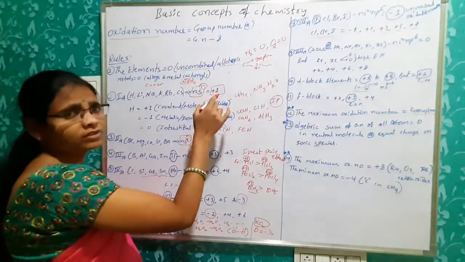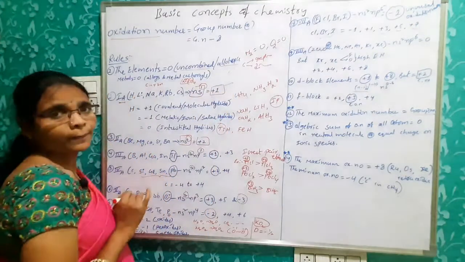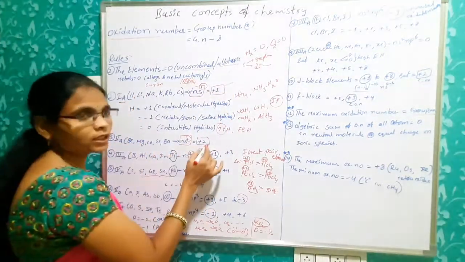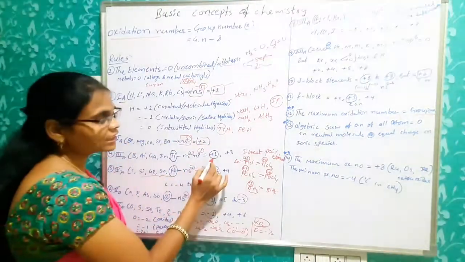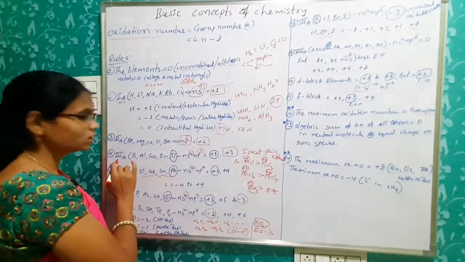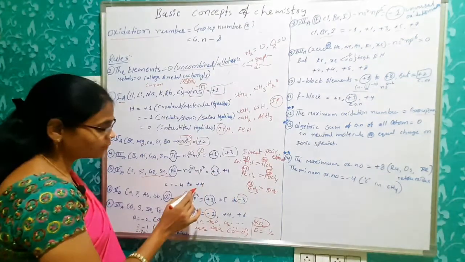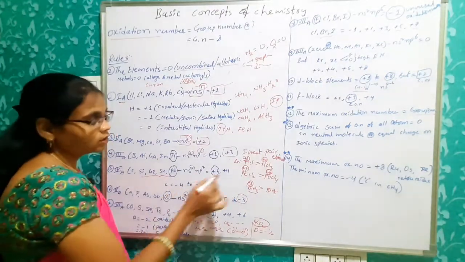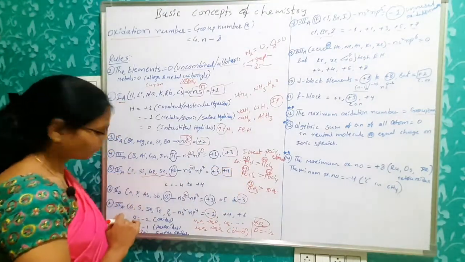The highest oxidation state 1 is equal to the group number. 2A group elements show plus 2, equal to the group number. 3A group elements show plus 1 and plus 3, highest oxidation state plus 3, equal to the group number. 4A group elements show plus 2, plus 4 and minus 4 also, so the highest oxidation state is equal to the group number.